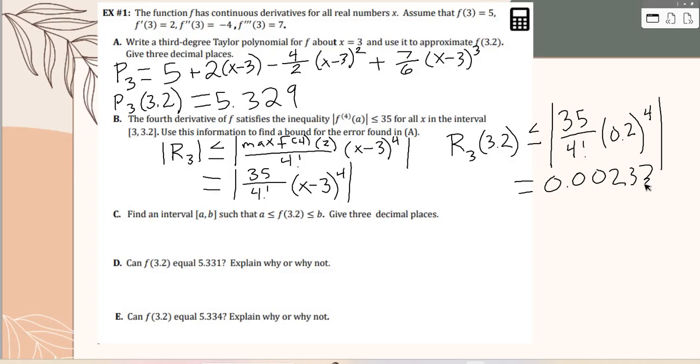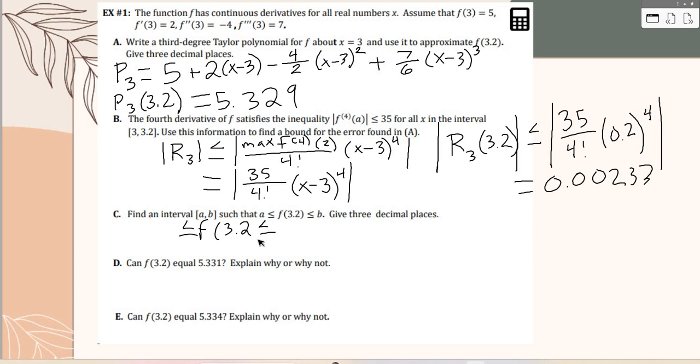So if this is what I got my actual approximation as, and I know that the absolute value of this has to be less than or equal to 0.00233. What would I do to find that interval? Plus or minus what to what?